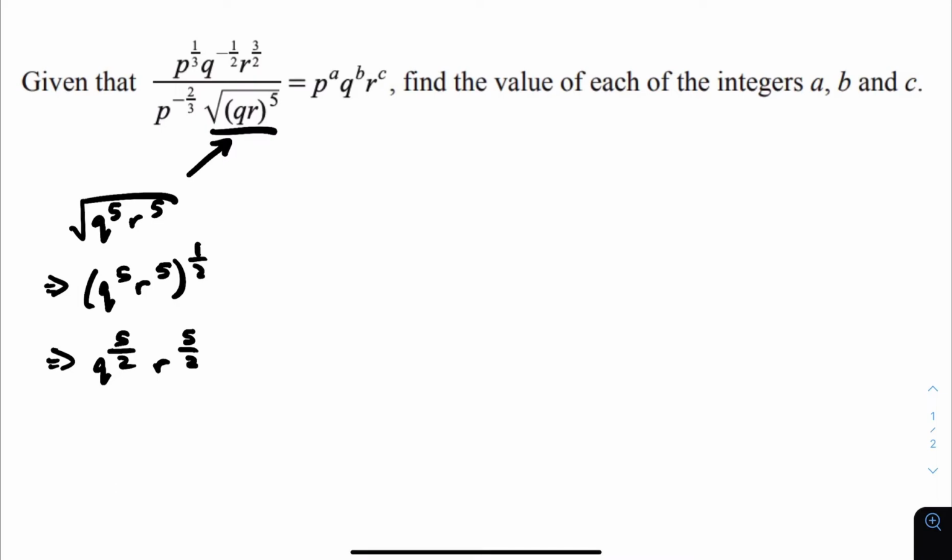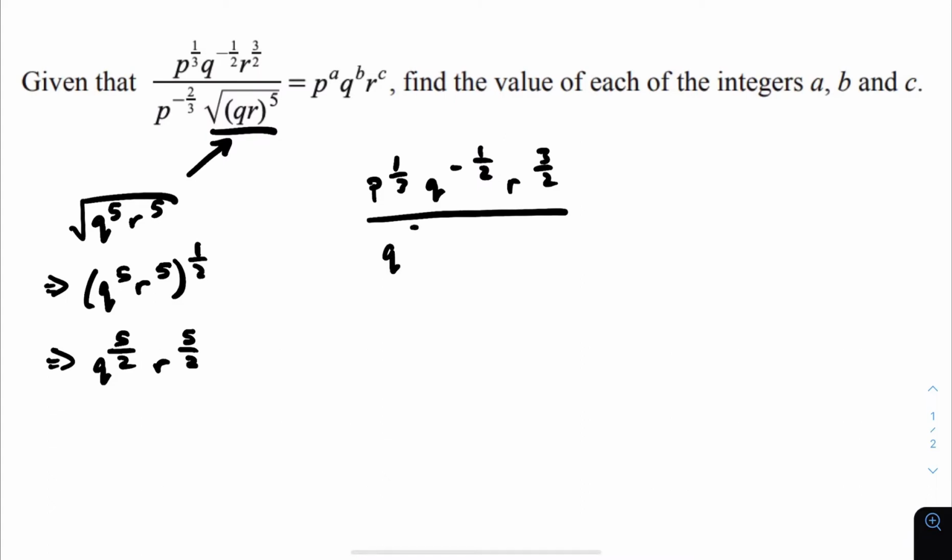And we can just substitute this back in to get p to the power of a third times q to the power of negative half times r to the power of 3 over 2, divided by q to the power of 5 over 2 times r to the power of 5 over 2 times p to the power of negative 2 over 3. Now, if we take a look at the way they want their answer to be written out, we have to write everything in the numerator because there's no fraction in that answer.